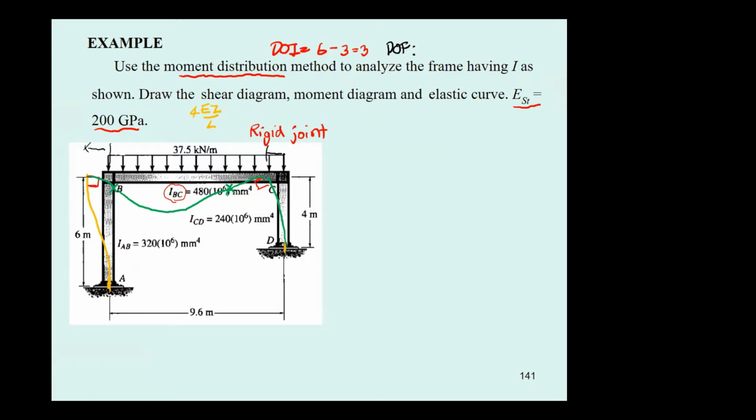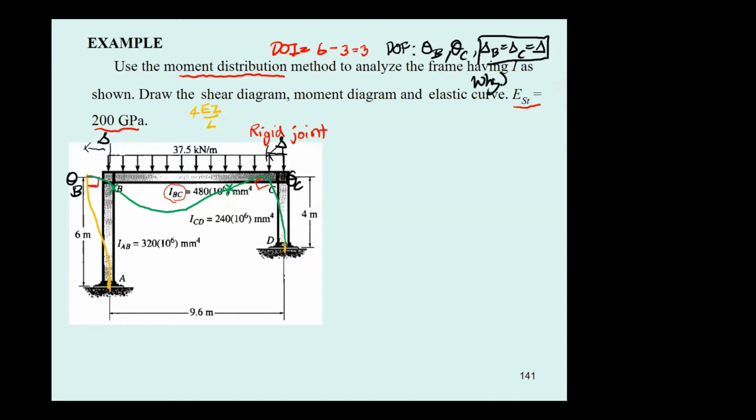Based on this analysis, we have theta sub B here, delta over here, and theta sub C. So the degrees of freedom are theta B, theta C, and delta, where delta B equals delta C equals delta.